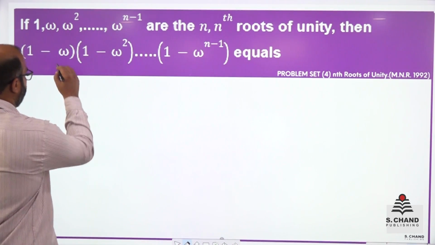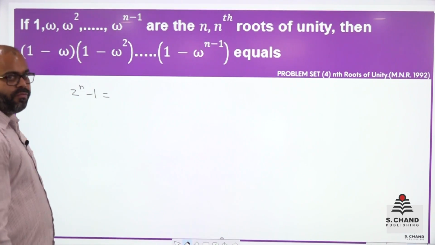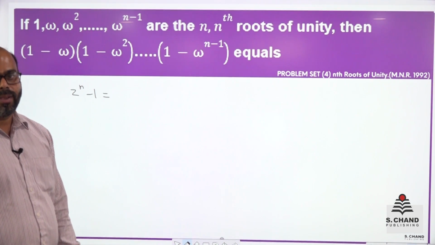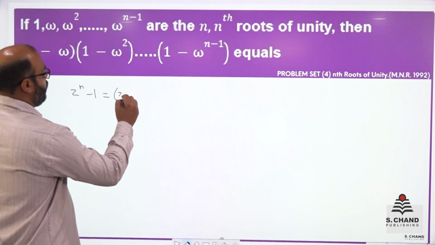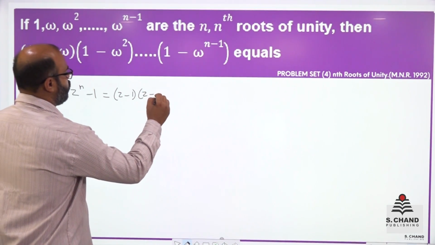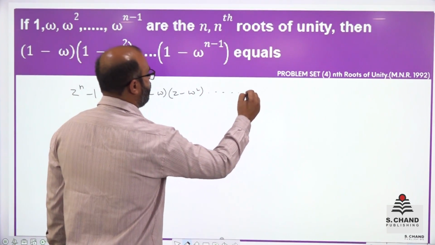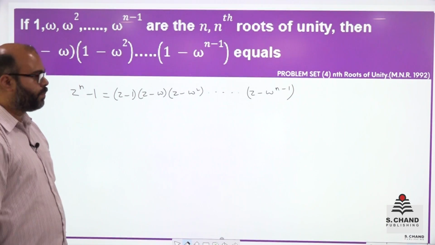So we know if z to the power n minus 1 is given, we can know its roots. The n roots of unity are 1, omega, omega square till omega to the power n minus 1. So we will say z minus 1, z minus omega, z minus omega square. These are the factors, right? Z minus omega to the power n minus 1.